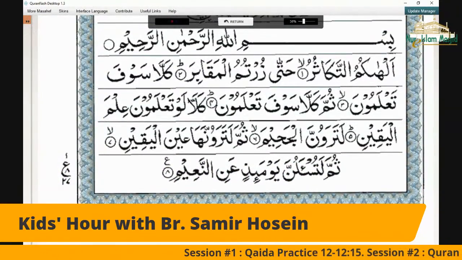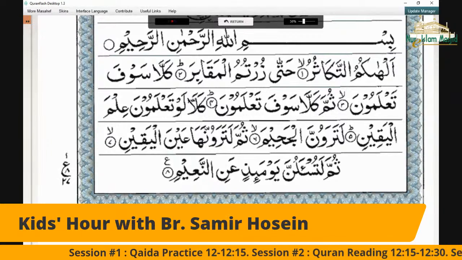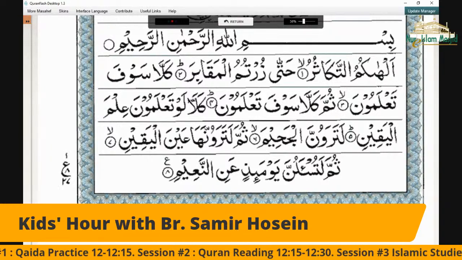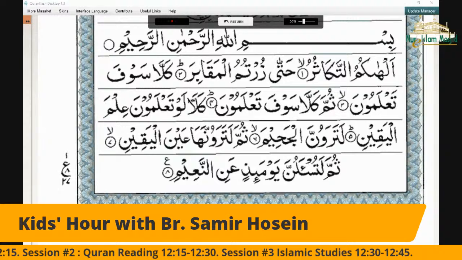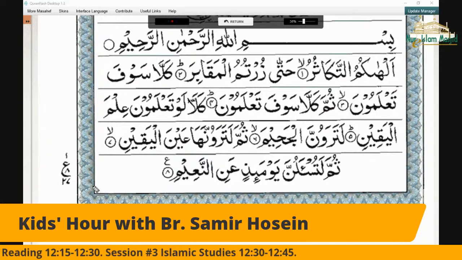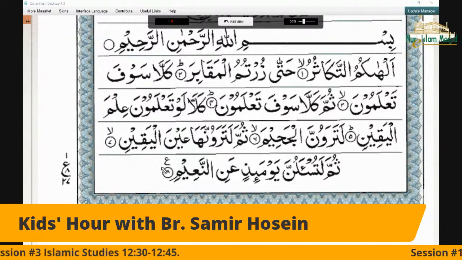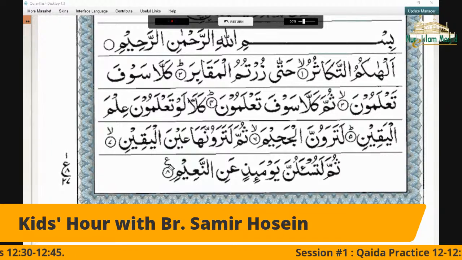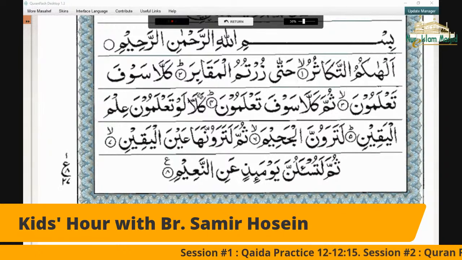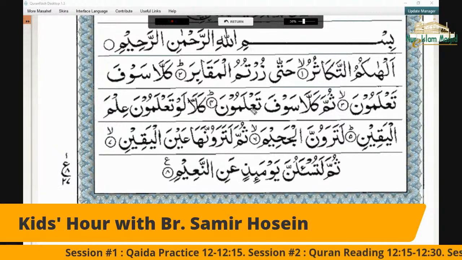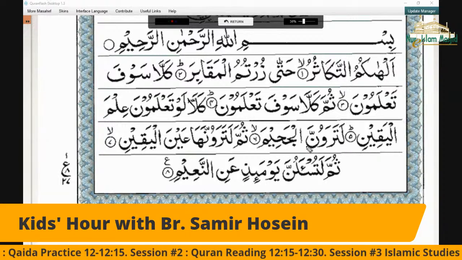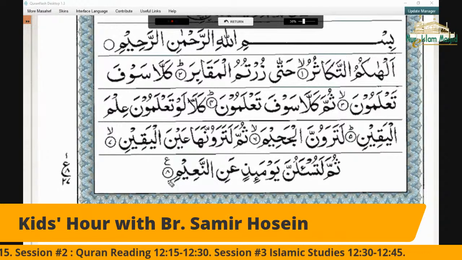So Surah Takathur continues this trend of getting into some of the longer surahs. Surah Al-Humaza had 9 verses. Surah Al-Takathur has 8, right? This is number 8 in Arabic. So it goes 1, 2, 3, 4, 5, 6, 7, 8.